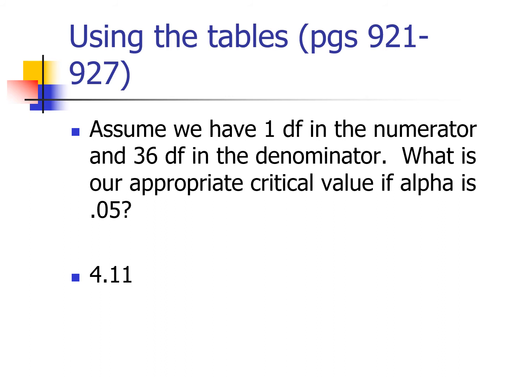So what does that mean? It means that the probability that an F distribution is greater than or equal to 4.11 is equal to 5%. Any test statistic that's more than 4.11 is going to have a p-value smaller than 0.05.